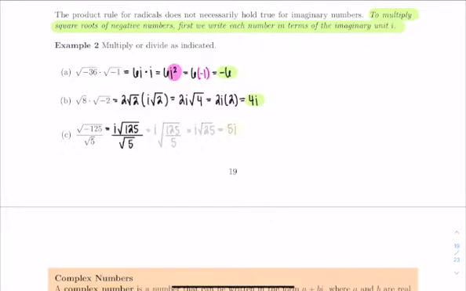I'm going to use the quotient rule and make this one square root. And on the inside we have 125 divided by 5. But that just simplifies as the square root of 25. And the square root of 25 is just 5. So we end up with 5i.